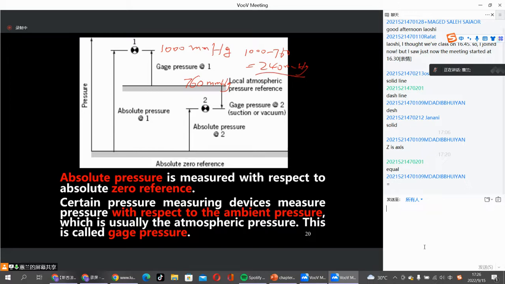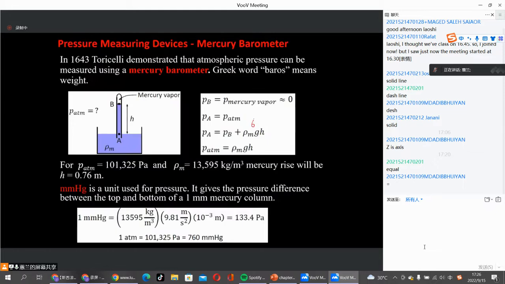But for point two, if its absolute pressure is only 500 millimeters of mercury, then instead of gauge pressure we use vacuum. Vacuum takes the absolute value. The gauge pressure would be minus, right?